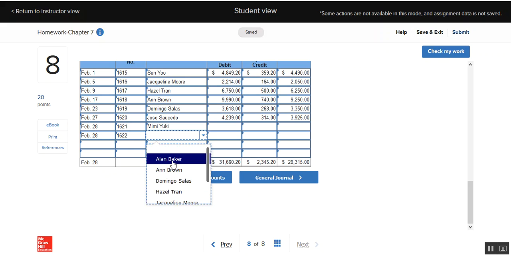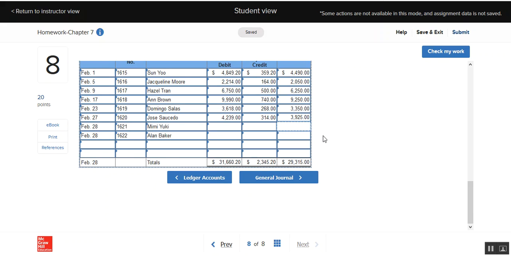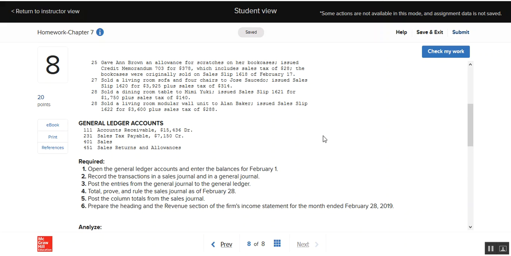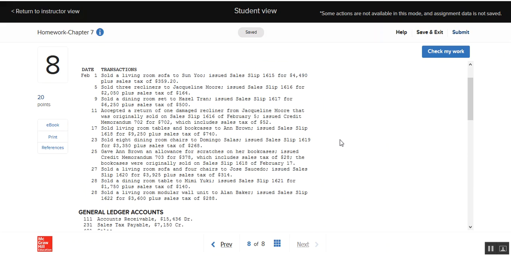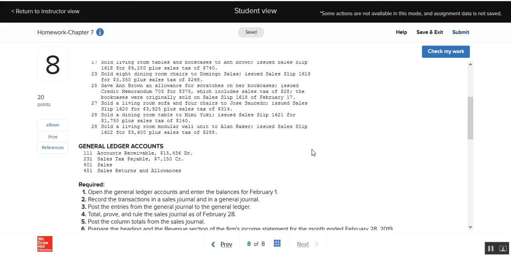And let's see what kind of amounts we've got up here. $1,750 and sales tax of $140. Which gives us a total that she owes of those two amounts added together, $1,890, I believe. And let's see, Alan, he owes us $3,600 plus sales tax of $288.